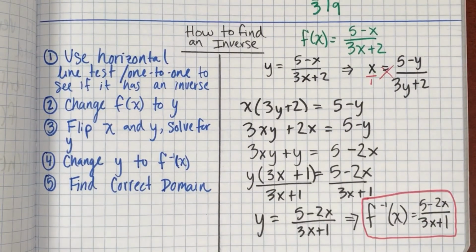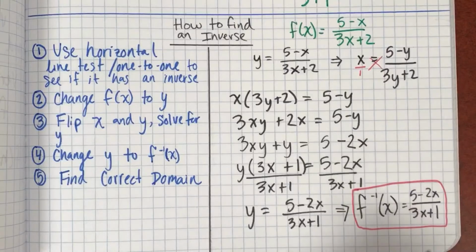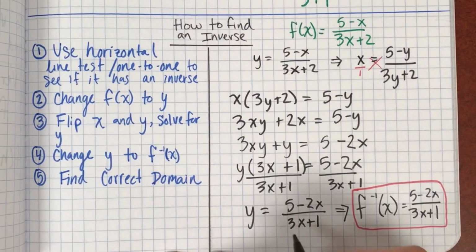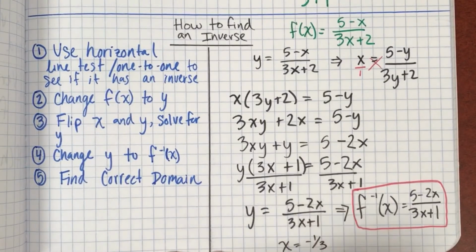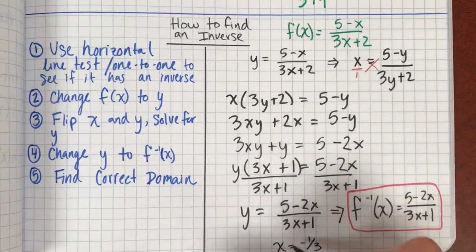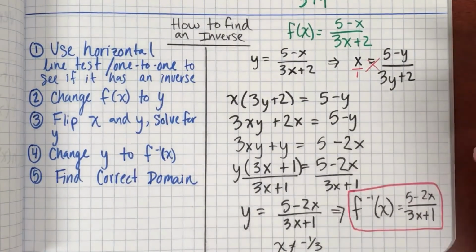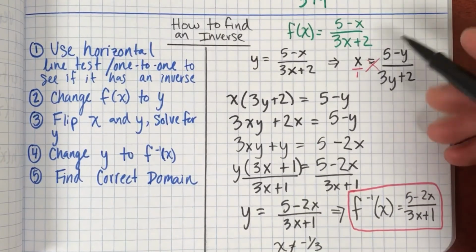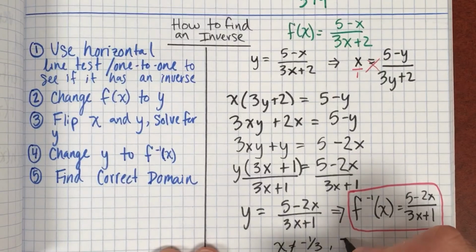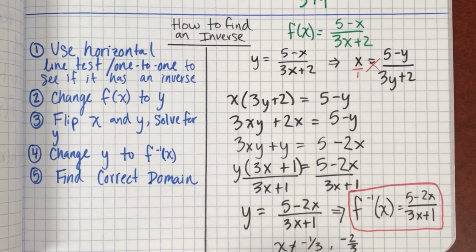And again, you'll have to find your domain restrictions. So for this, we would have to say, well, x can't equal negative 1/3. That's because that would make our denominator equal to 0. And then you also have to look back at your original function too, what our domain can't equal. So it also can't equal negative 2/3.